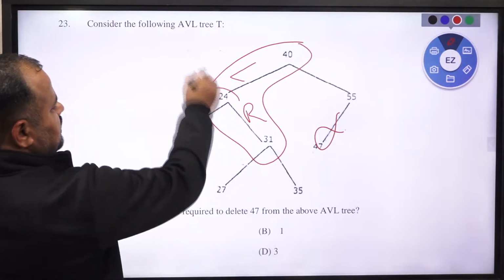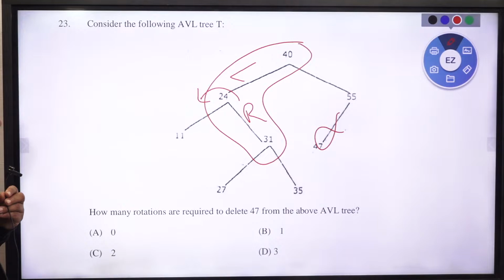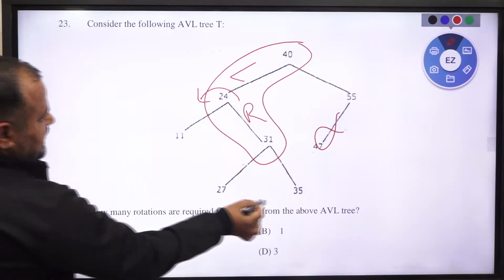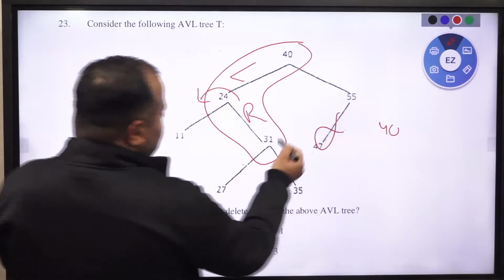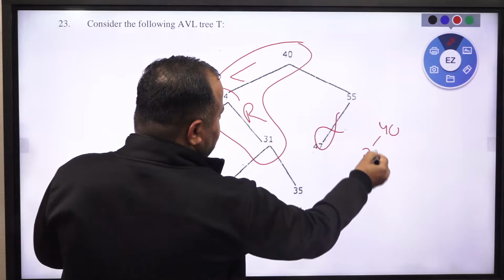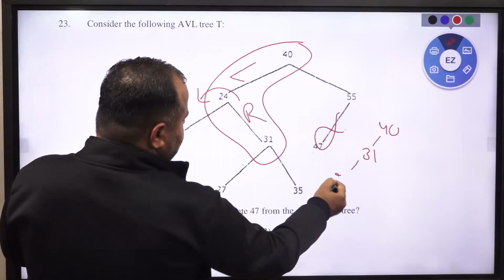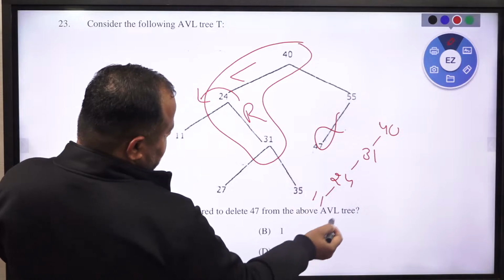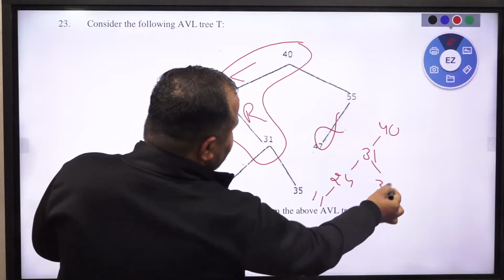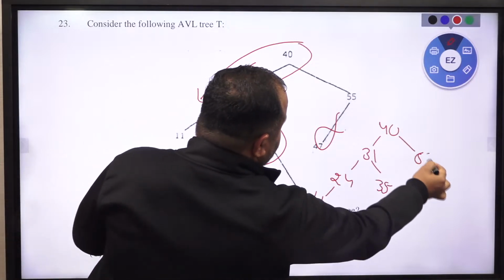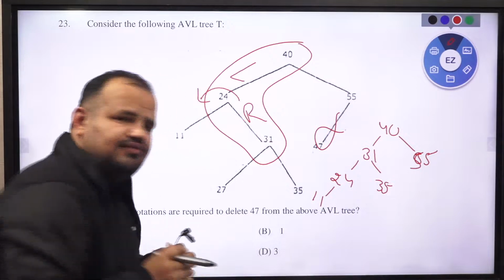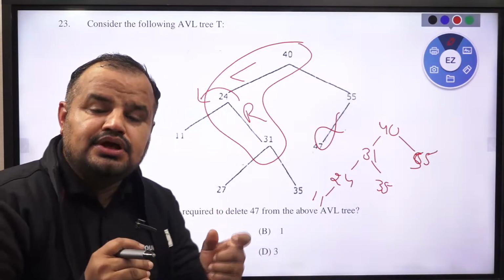Do a left shift. Now, if you do a left shift, 40, then 31 is here, then 24 and 11. Now 31 is 35.